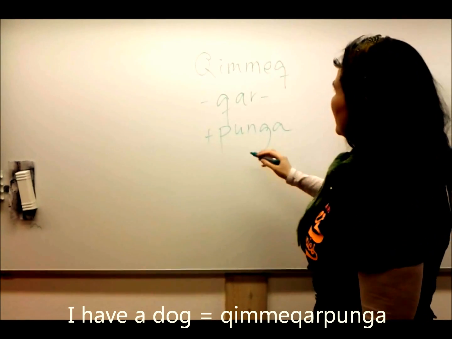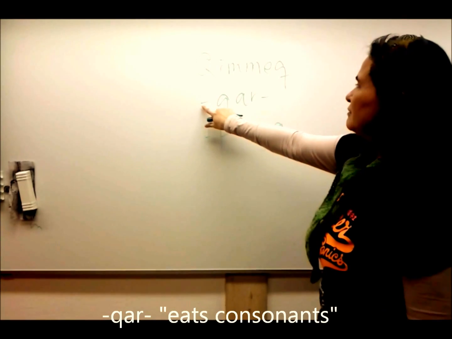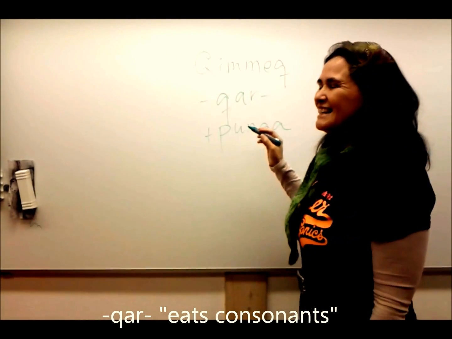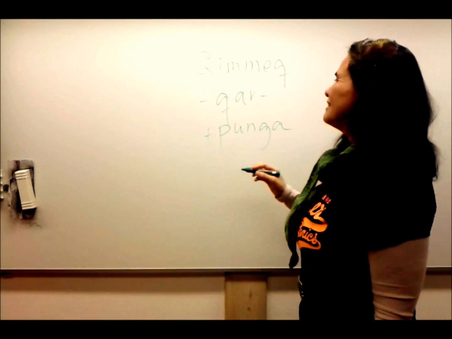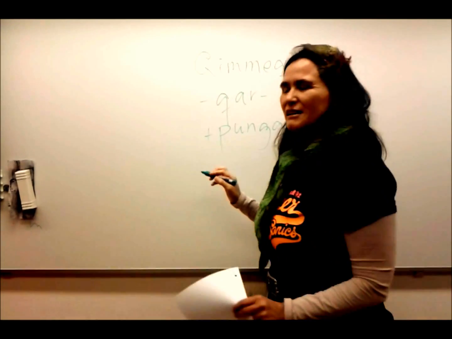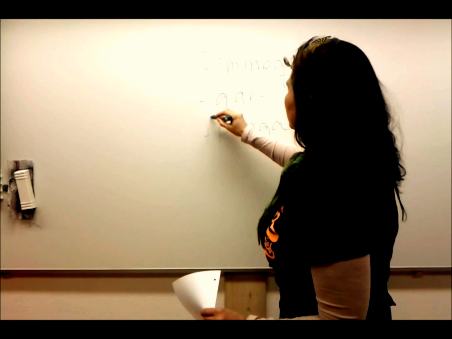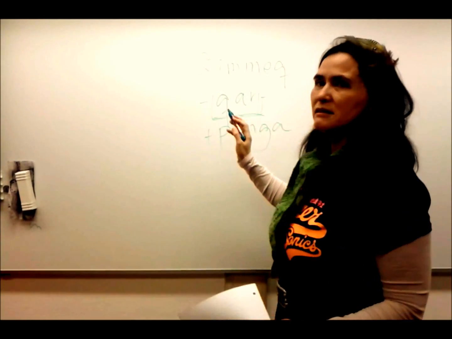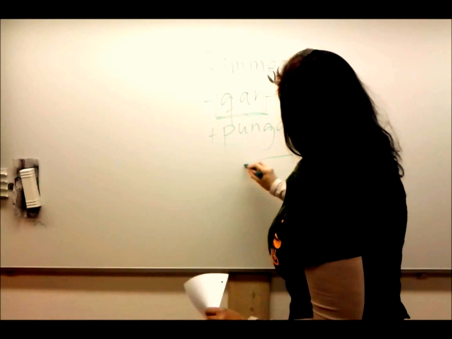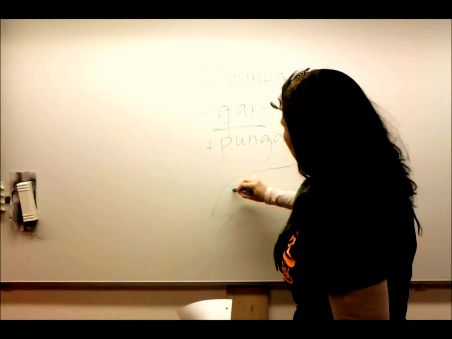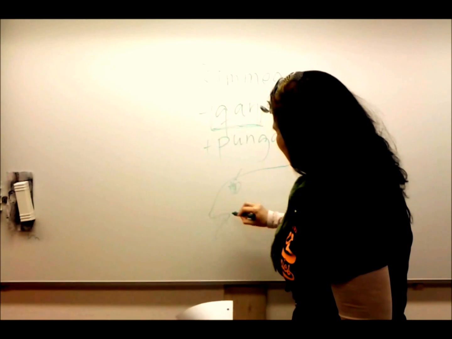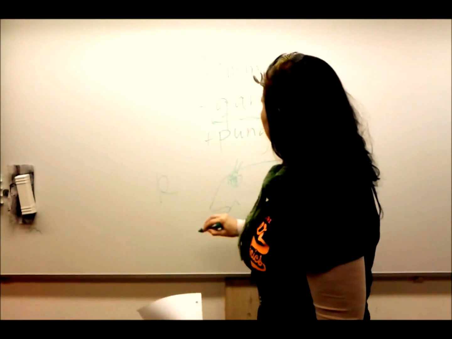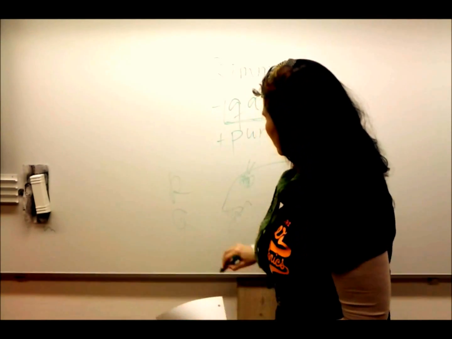And as you can see, I put a minus in front of the -qar, which means that it is eating consonants. So I often explain these little suffixes with like a pirate fish, which is eating consonants such as R and Q and so on.